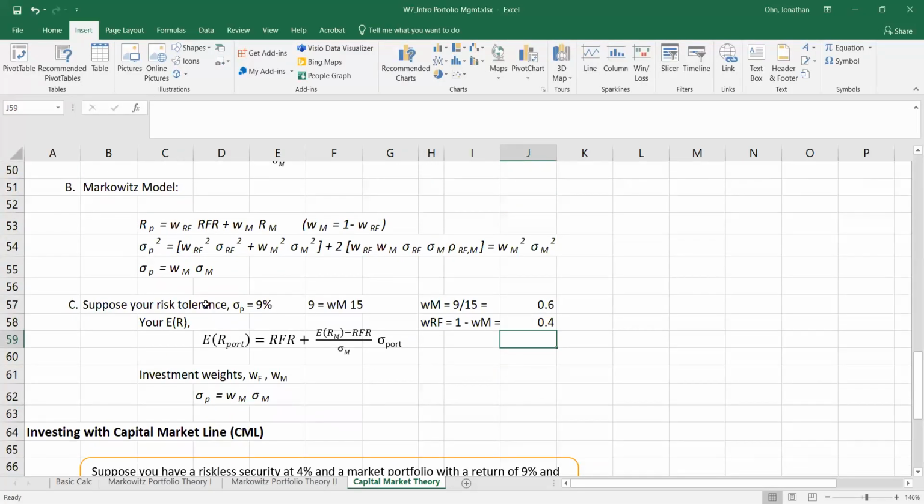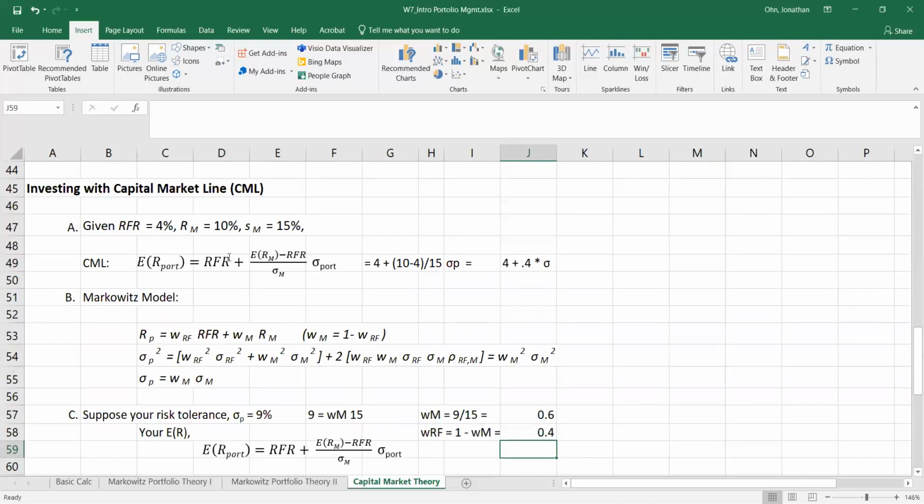If your risk tolerance level is 9%, and the market portfolio is 15% standard deviation and 10% return, then a 9% risk tolerance is quite lower than the market risk level. If you go lower risk, you should be satisfied with lower return, right?